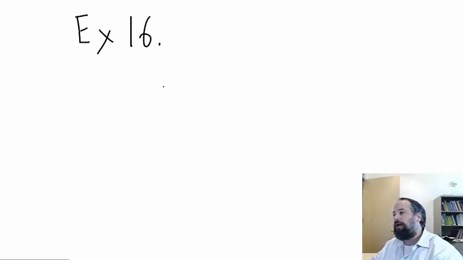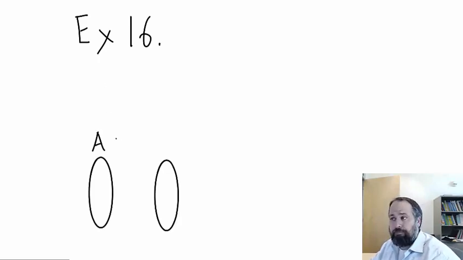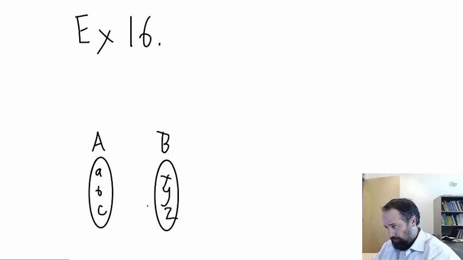So remember, let's say that we have A, B, C, and this could be X, Y, Z. And let's say that this is our mapping.